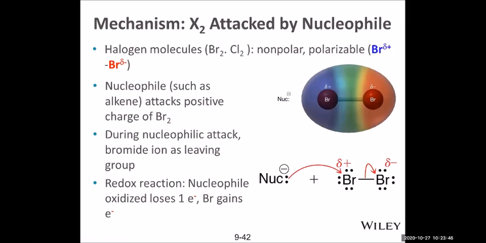For the anti-addition reaction mechanism, we start by understanding why this kind of halogen can react. The halogen is highly electronegative.